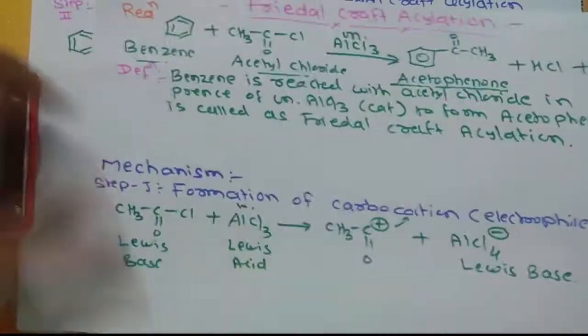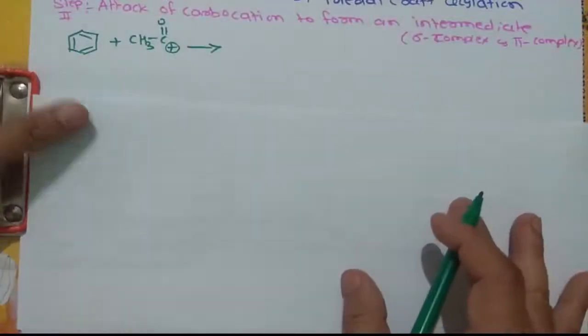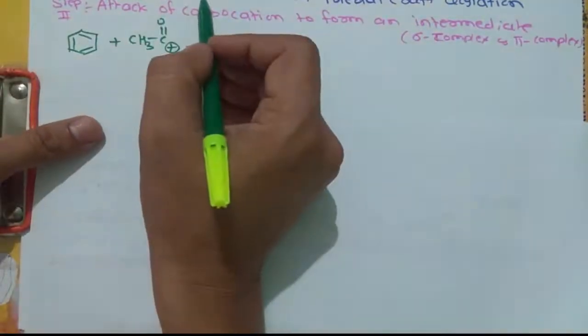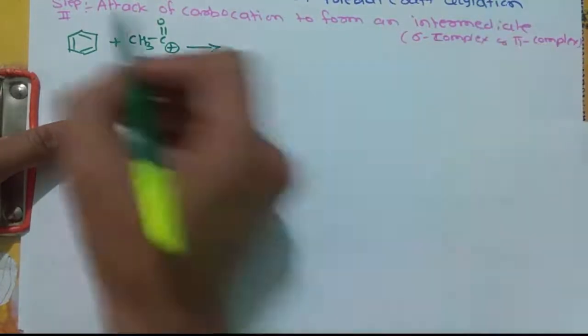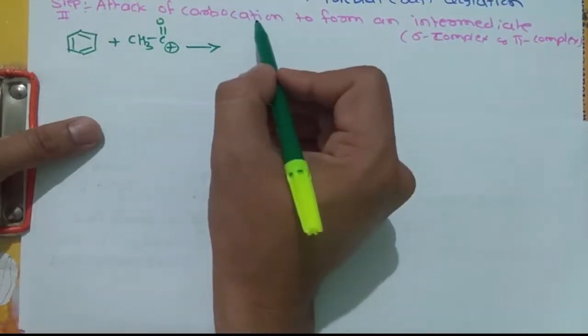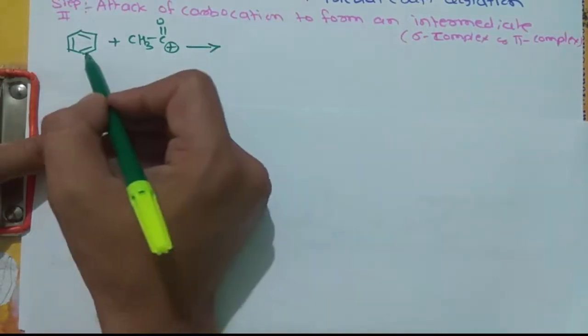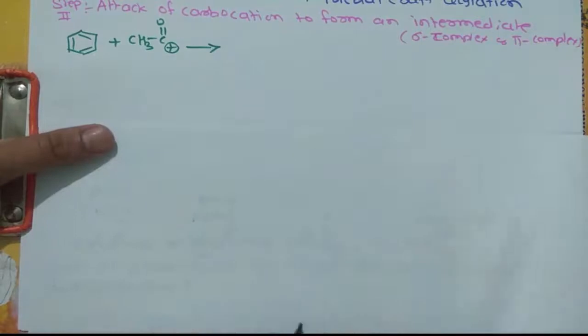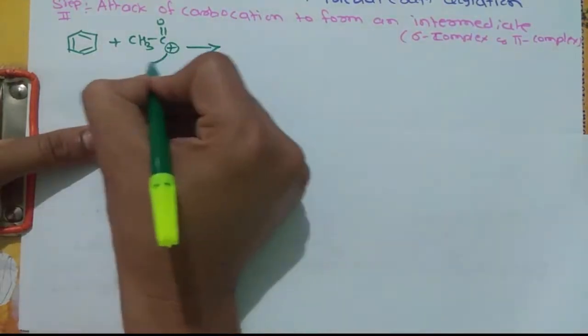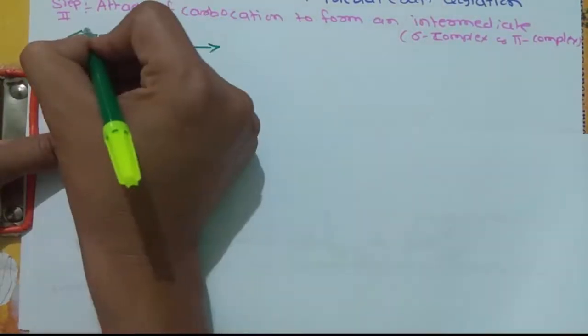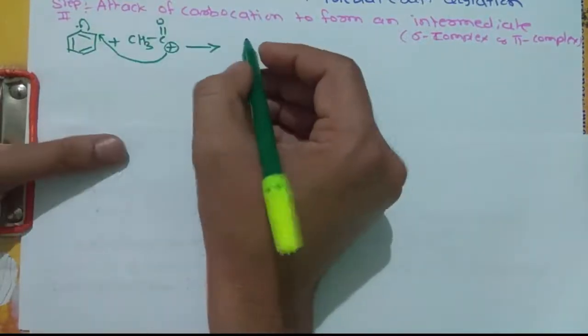In step second, in the mechanism of the Friedel-Crafts acylation, the carbocation attacks the benzene ring to form an intermediate. This is the carbocation, and it attacks the benzene.